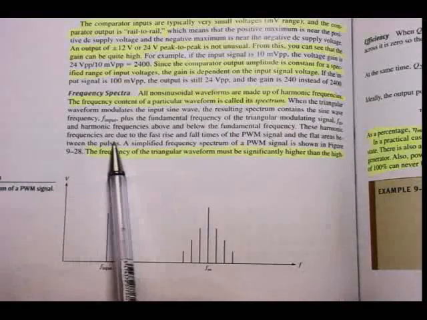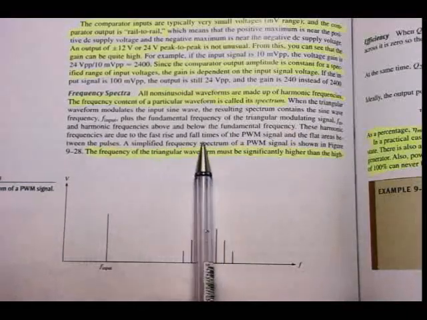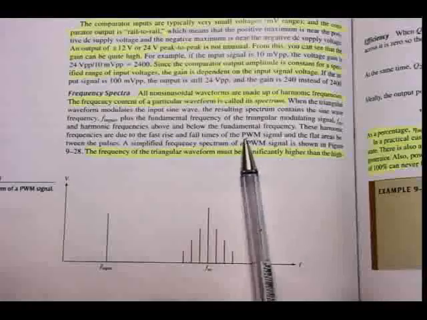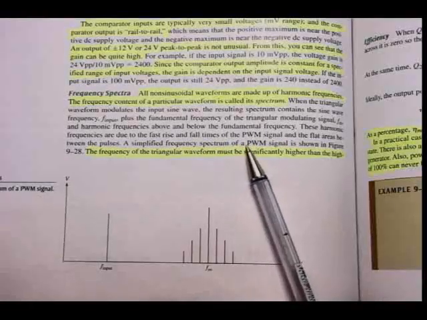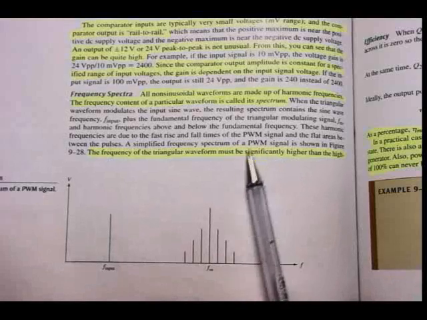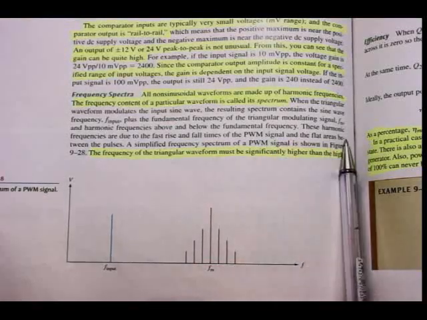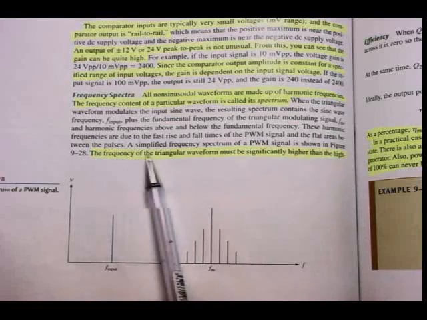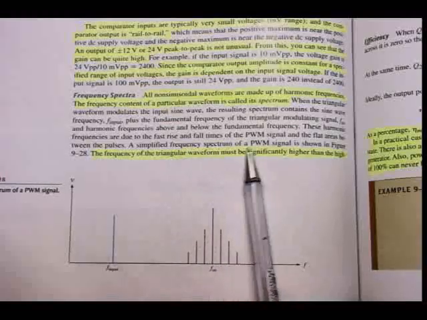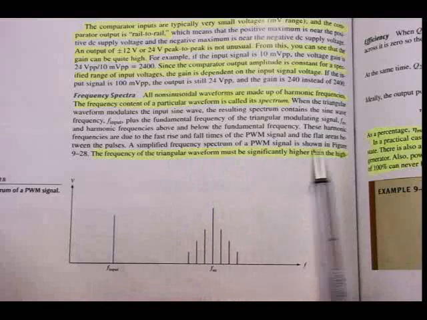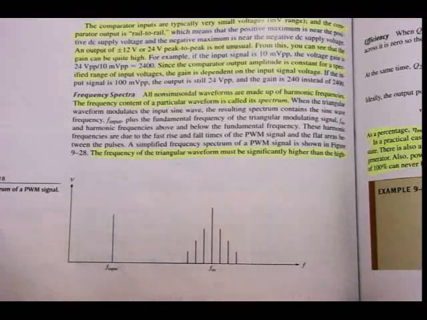Those harmonic frequencies are due to the fast rise and fall times of the pulse wave modulated signal and the flat areas between the pulses. A simplified frequency spectrum of a pulse wave modulated signal is shown in figure 9-28, as we can see here.